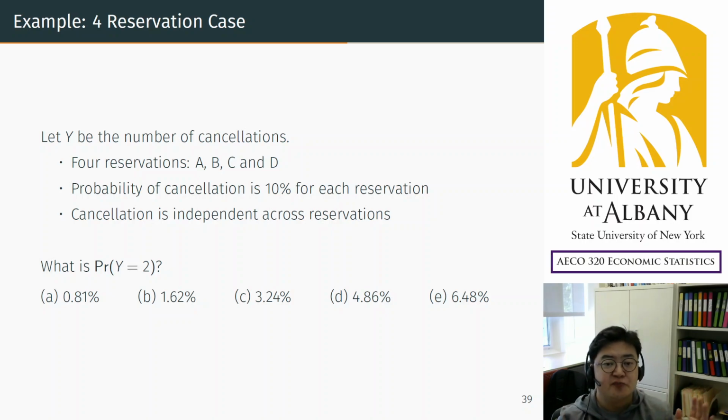So in total there are 2 to the 4, or 16, outcomes. If possible, you can just write down all 16 outcomes, and then count how many of them satisfy this event.